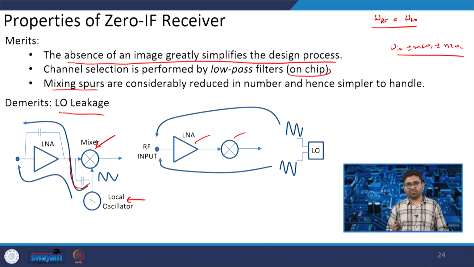But we need to add a fully differential architecture which will increase the power consumption. And you also need to have the balun at the input side to convert single ended signal to differential signal, because your antenna is single ended. So, this is one of the demerits of direct conversion. So, this 0 IF receiver can be called a direct conversion also.